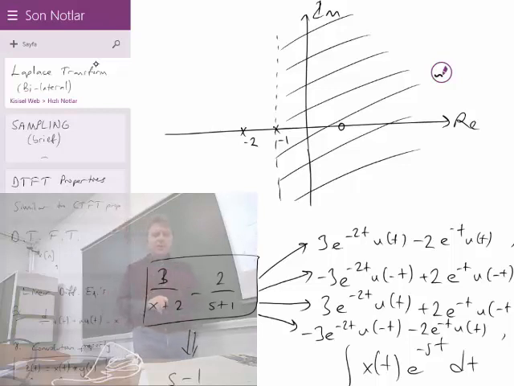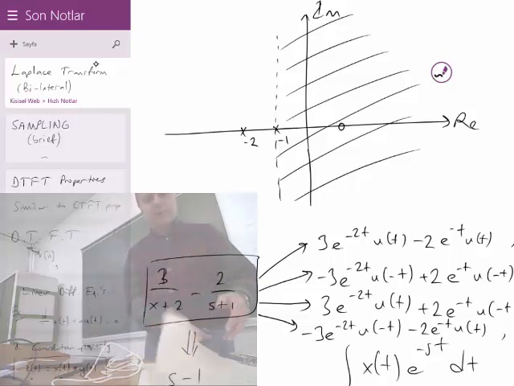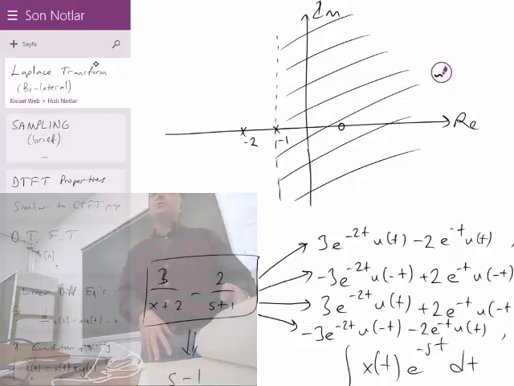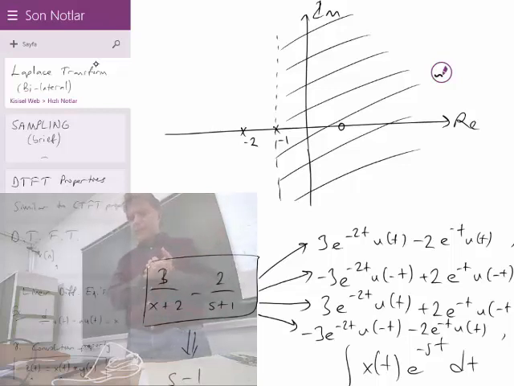But of course, before that, we need to list some of the properties and solve further problems. But as I say, zeros are also important in terms of designing systems. In terms of stability and in terms of convergence, poles are the most important things because they indicate the region of convergence. We will continue with these topics.